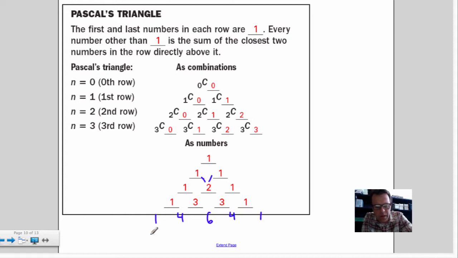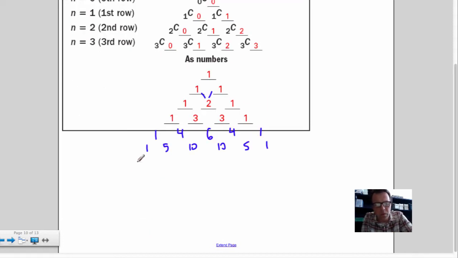We do another one? 1, 5, 10, 10, 5, 1. Let's keep going. 1, 6, 15, 20, 15. You feel the pattern? It's pretty neat, and you could do this forever.